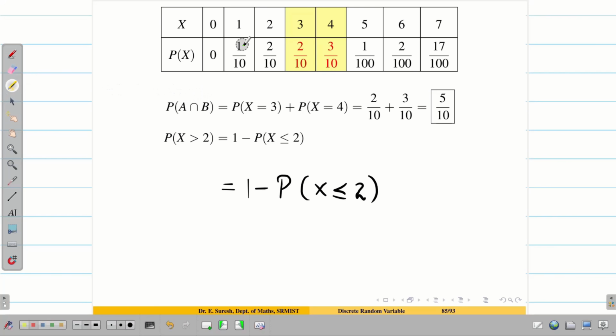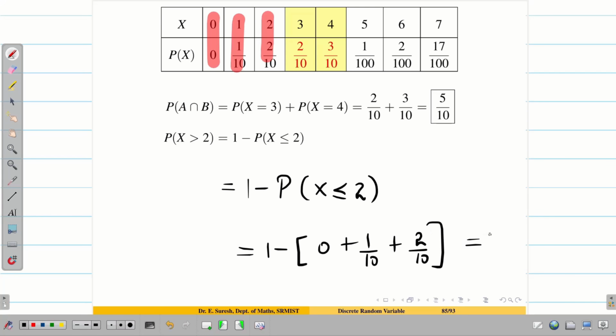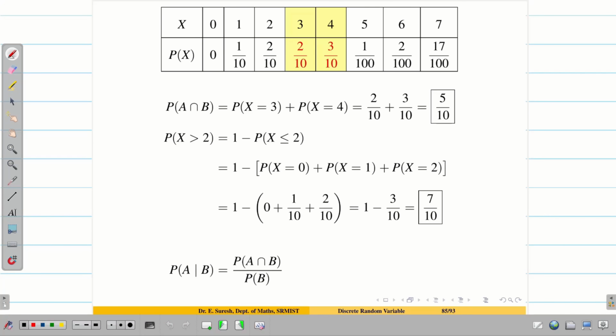So we take the values 2, 1, 0 because it is less than or equal to 2. So 1 minus 0 plus 1 by 10 plus 2 by 10. So we get 1 minus 3 by 10. The answer is 7 by 10. Now finally the probability of A given B is equal to 5 by 10 divided by 7 by 10, that is 5 by 7.